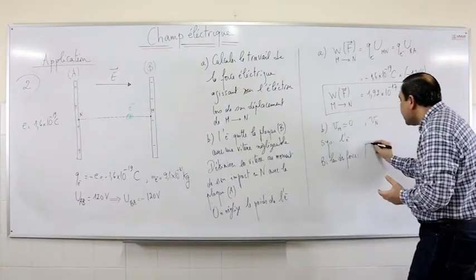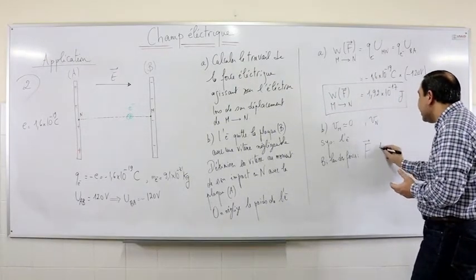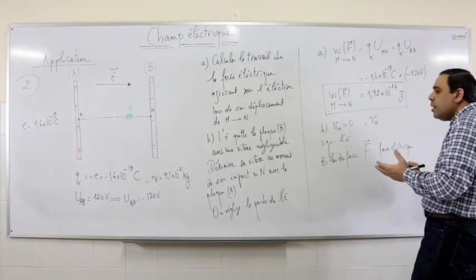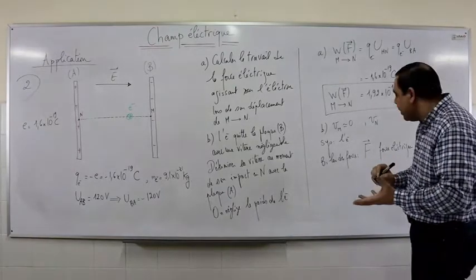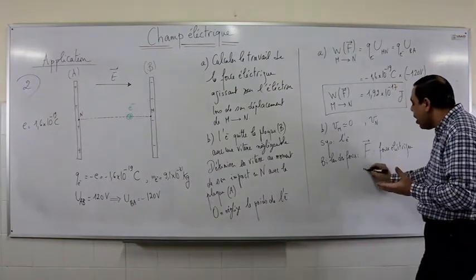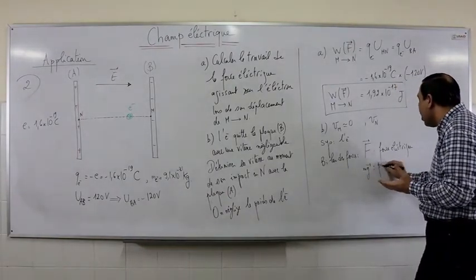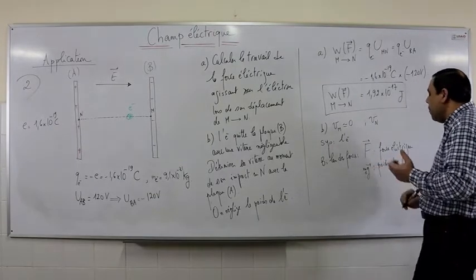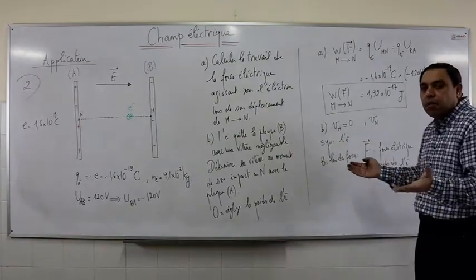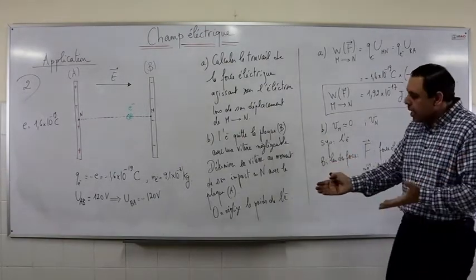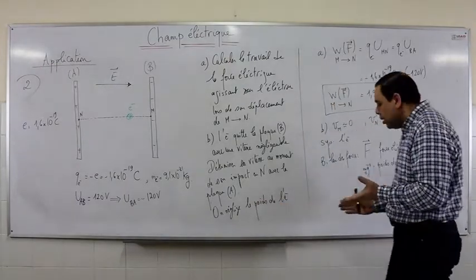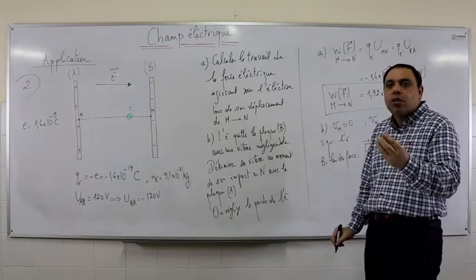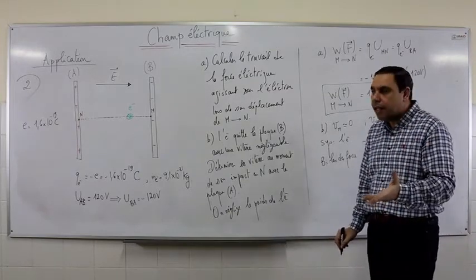Let's call this force F. The electron is subjected to an electric force F. The second force is mg, which is the weight of the electron. But the weight of the electron is negligible. This is given in the question. Hence, the only force acting on the electron is the electric force.